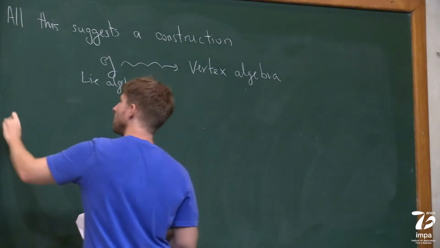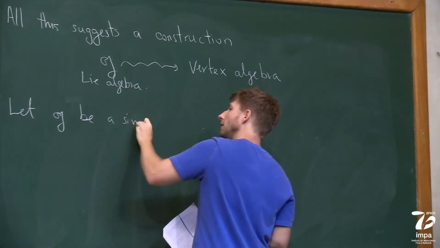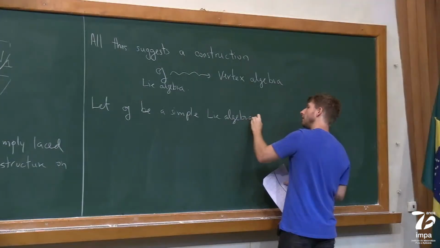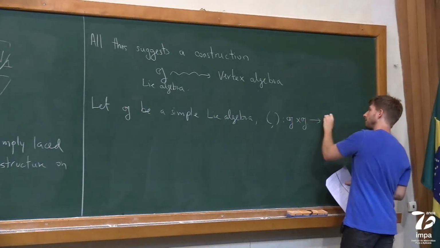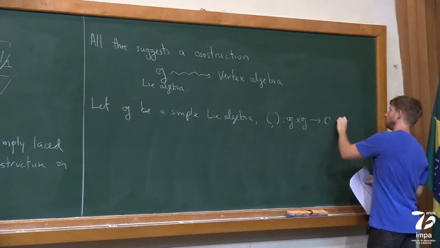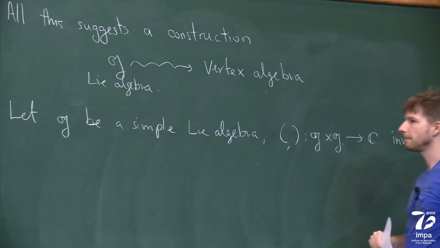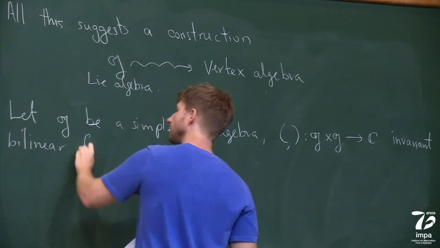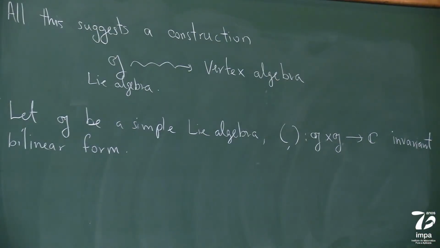So let's take an invariant bilinear form on g.